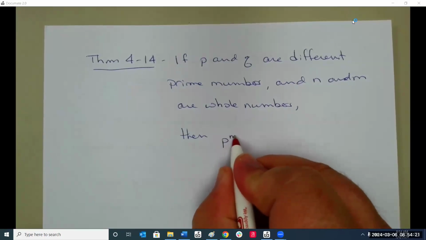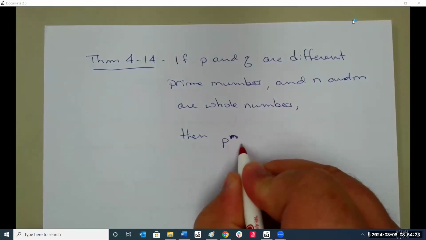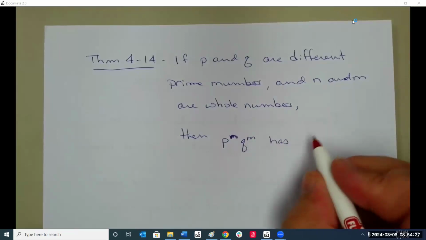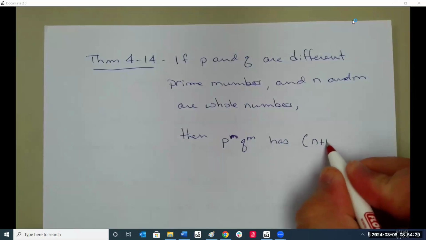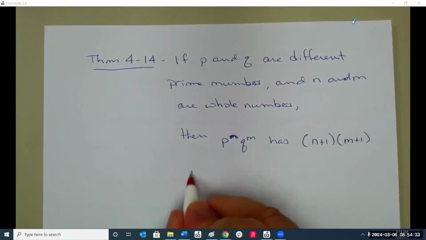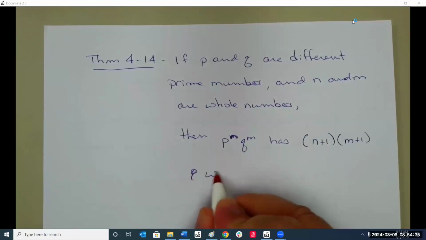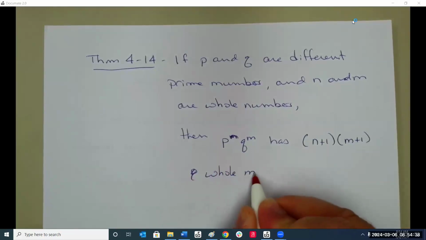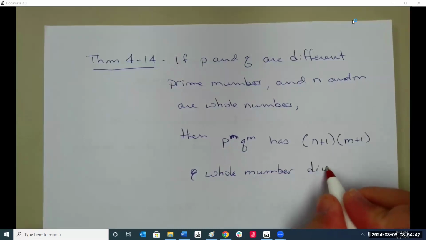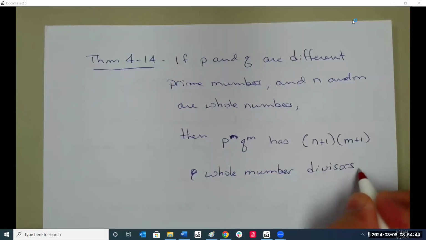Then P to the power N and Q to the power M has N plus 1 times M plus 1 whole number divisors.